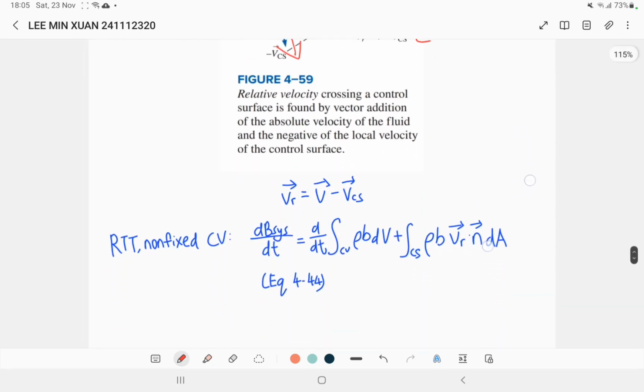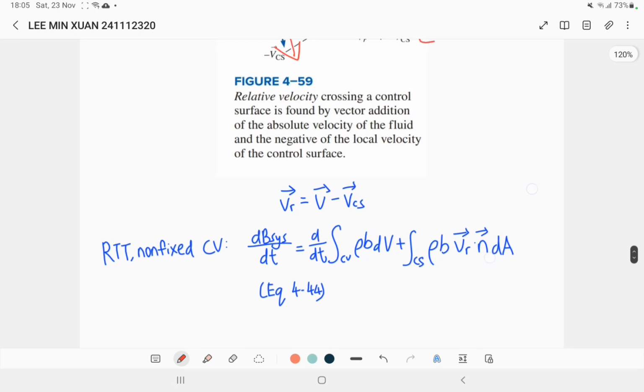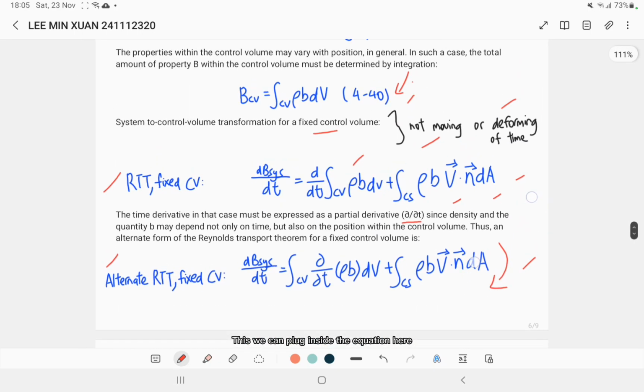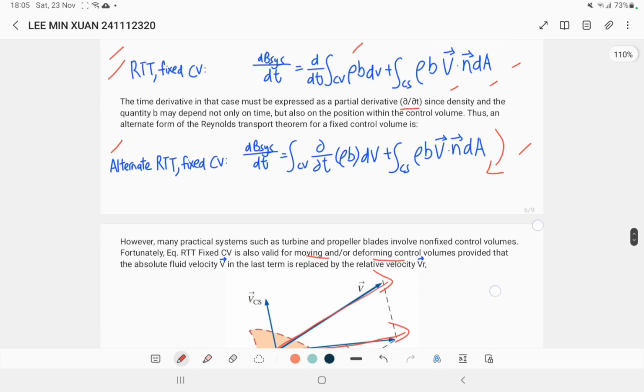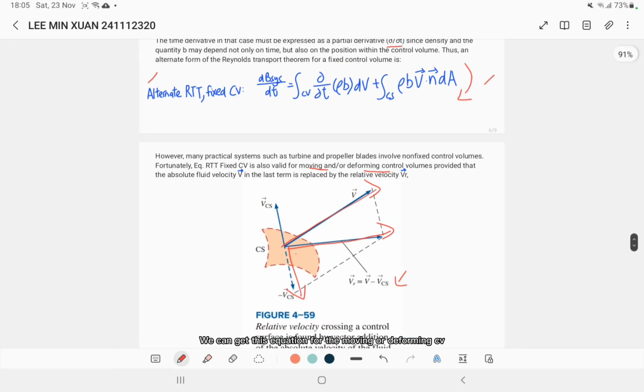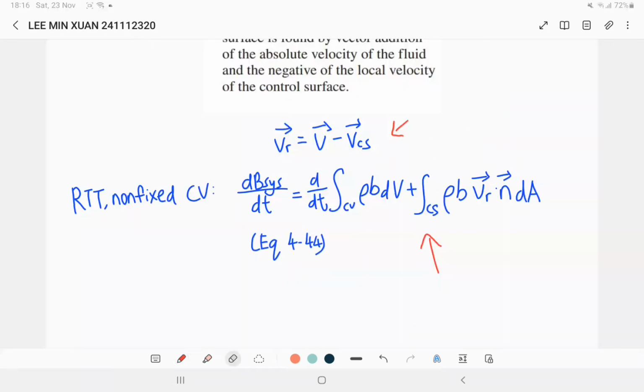Now we can plug this into the equation, so we can get these equations for the moving or deforming control volume.